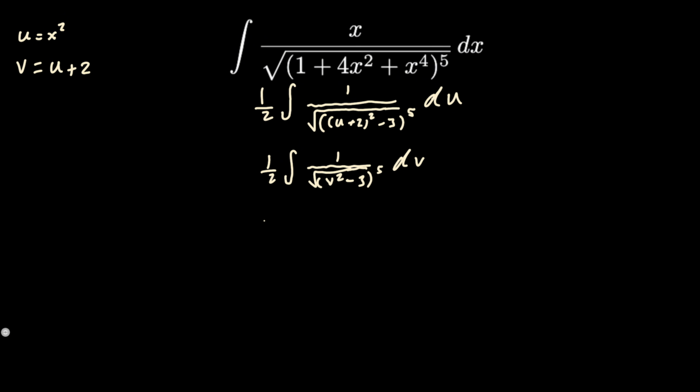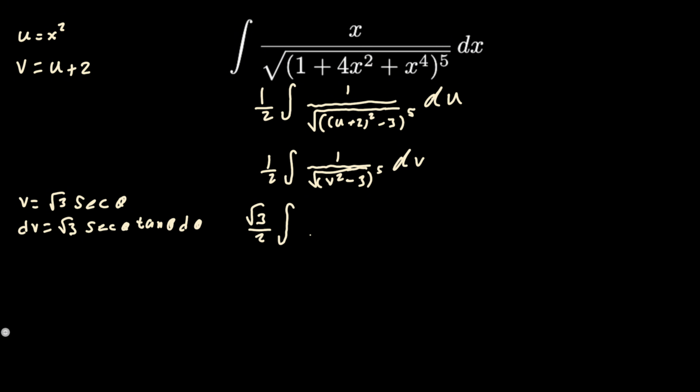So v is going to be equal to the square root of 3 secant theta. dv is equal to root 3 secant theta tan theta d theta. So we will have root 3 over 2 times the integral of secant theta tan theta d theta.